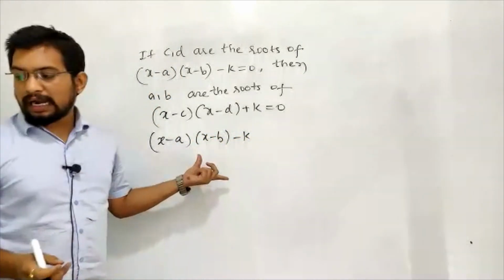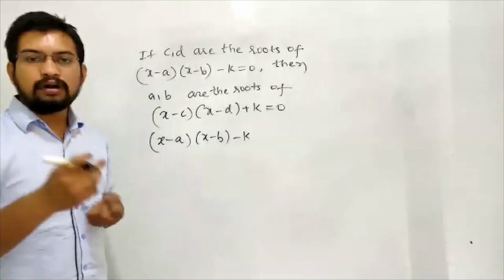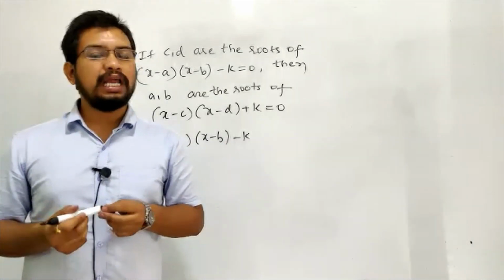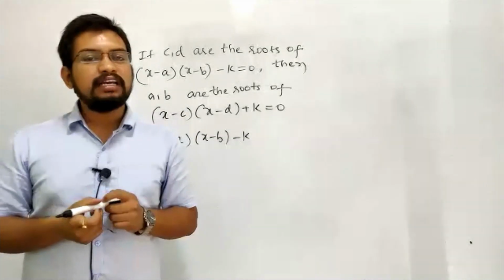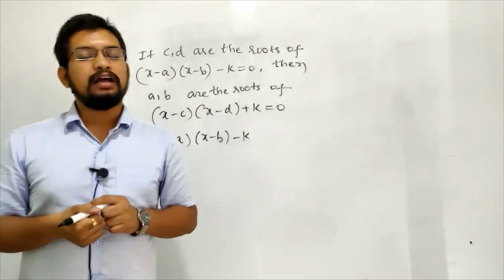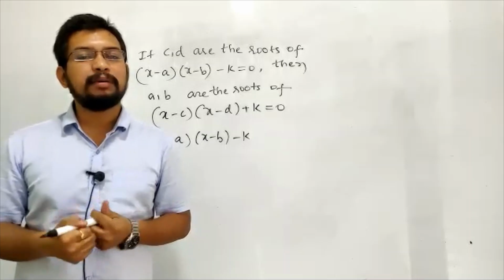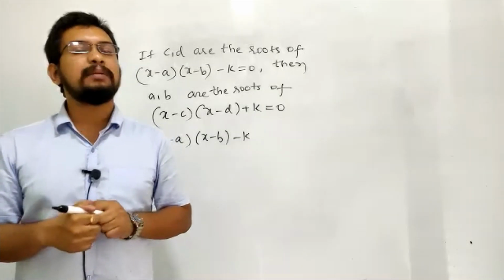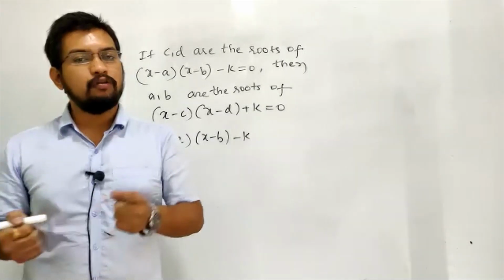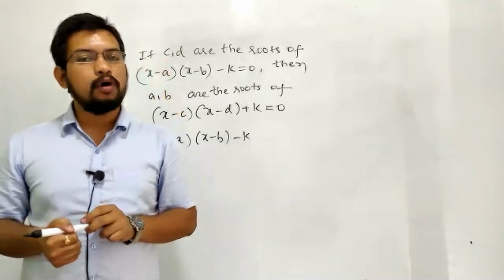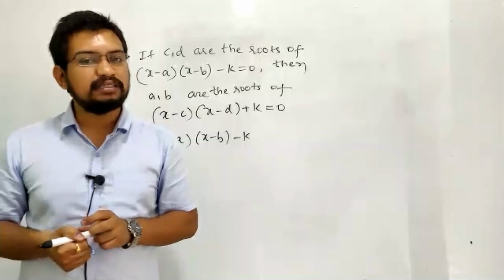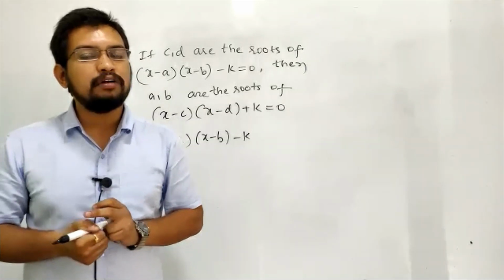This is a quadratic, yes or no? For a quadratic expression, what will be the maximum number of linear factors? For a quadratic, the maximum number of linear factors will be 2.